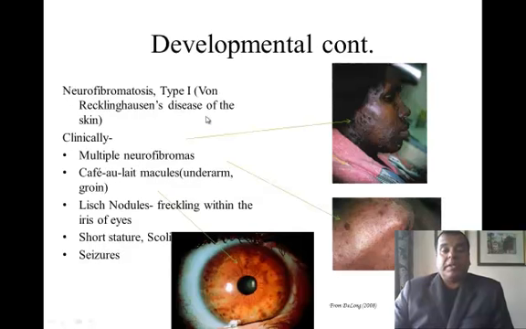So in von Recklinghausen's disease of the skin, you can have multiple neurofibromas, these café au lait pigmentations, Lisch nodules, which is freckling within the iris of the eye, short stature, scoliosis, and seizures.